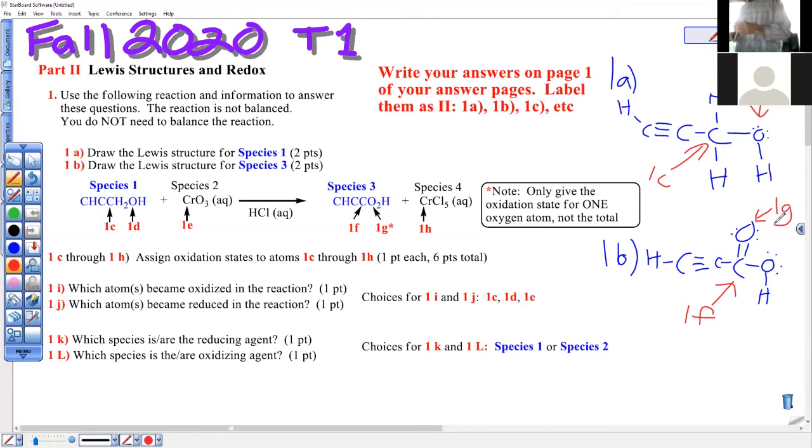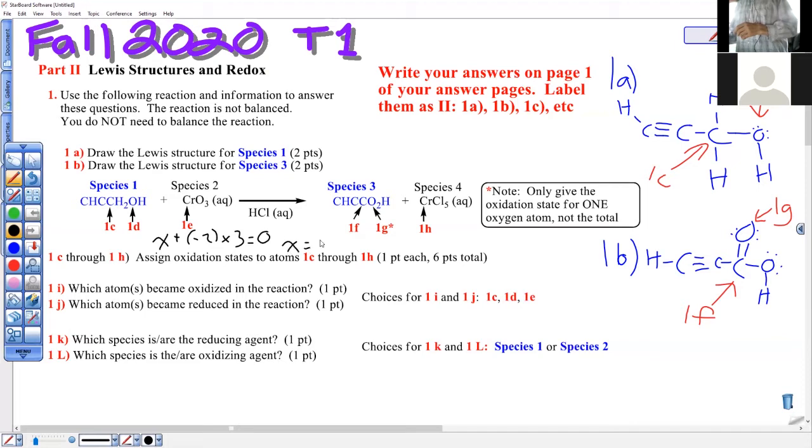Okay, and we can go old school or new school for species 2. Old school, your 141 knowledge, you know oxygen in its normal oxidation state is -2. There's 3 of them. Whatever chromium is, call X, and it's a neutral species, so you got to get 0 when you're done.